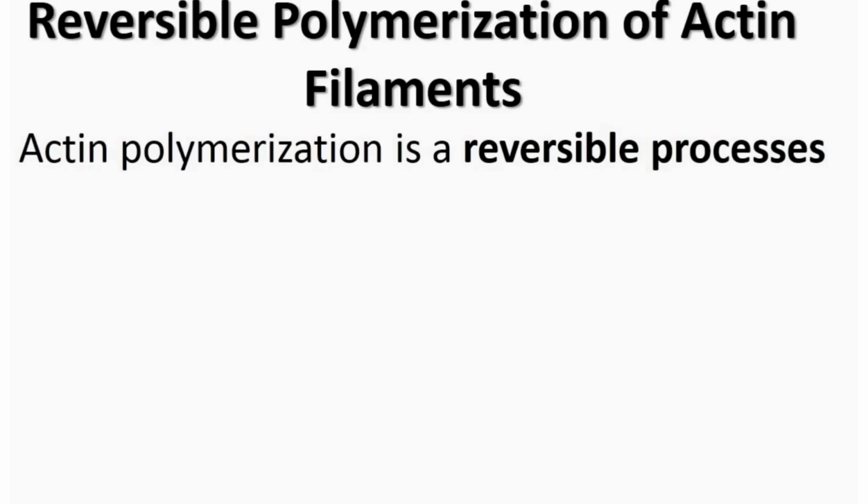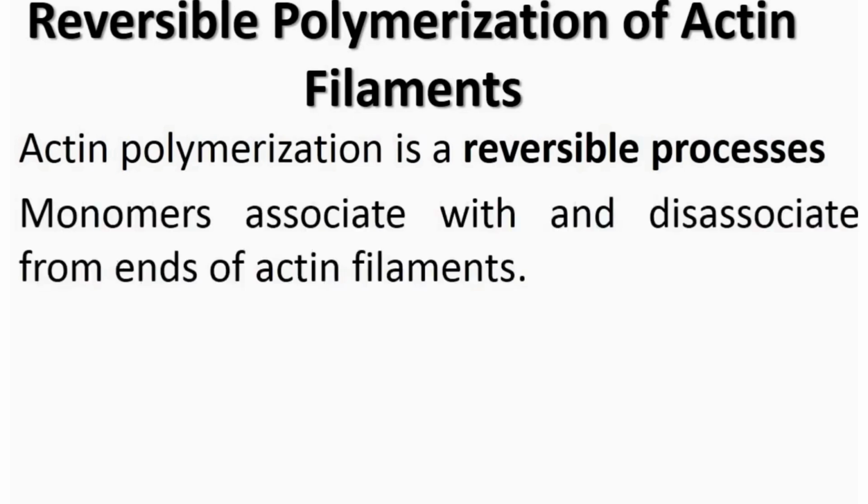At both ends, that is at the barbed end as well as the pointed end, or at the plus end or the minus end, monomers can be both added, that is polymerization, as well as removed, that is depolymerization. So monomers will associate and dissociate from both ends of the actin filaments. Please remember, it's not subject to only a particular end.